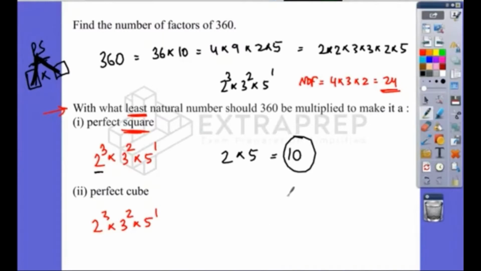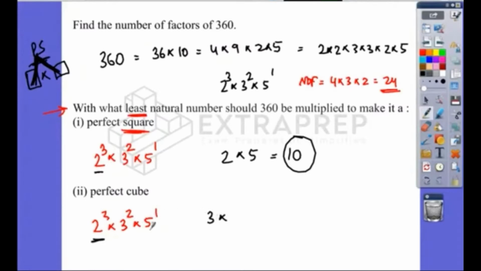Is it understood? Similarly, a perfect cube is a number which can be divided into 3 equal parts. Now 2 cube, can that be divided into 3 equal parts? Yes, so leave that. 3 square, can that be divided into 3 equal parts? No. What do we need? We need another 3.